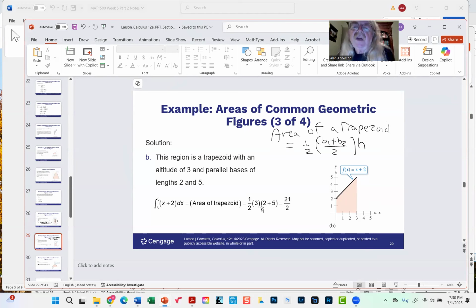So that's where this is coming from. Because this is being defined over the range from 0 to 3, we have 3 here. The average, if you notice between these two endpoints, here we have 2 and here we have 5. And so that's where that's coming from. And that ends up ultimately giving us 21/2.